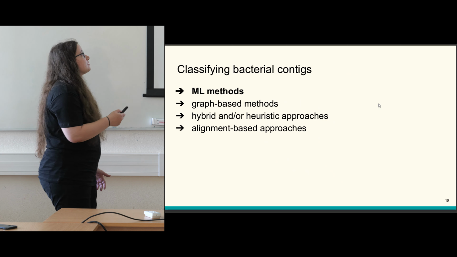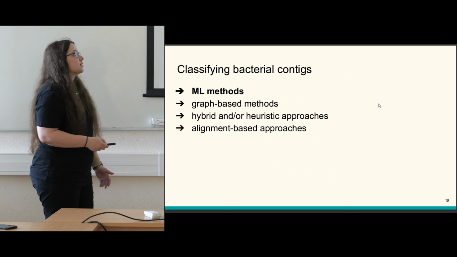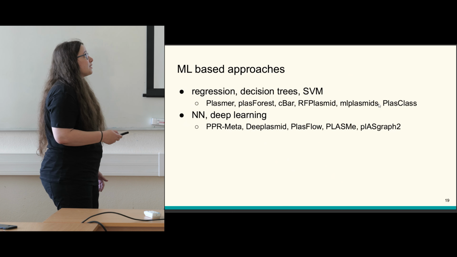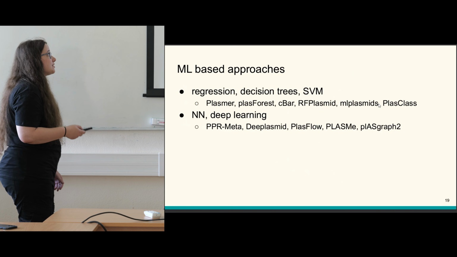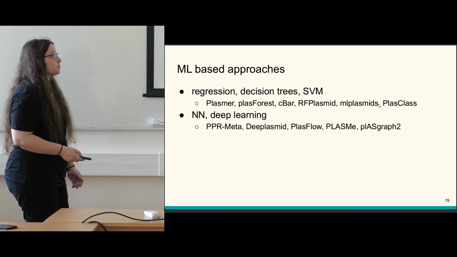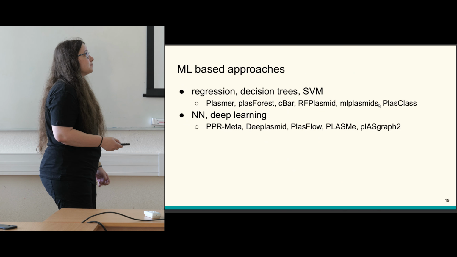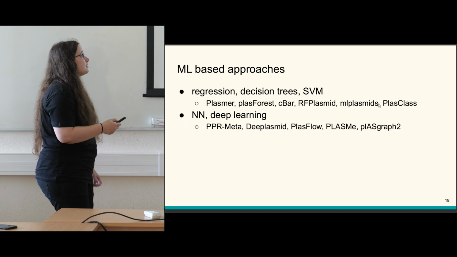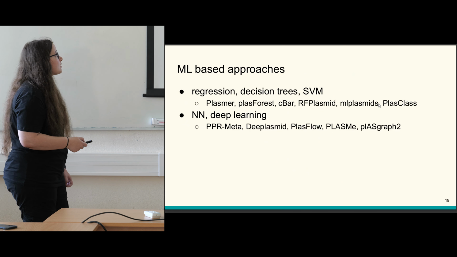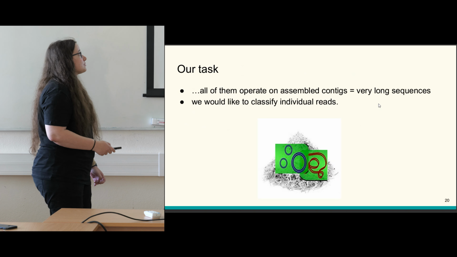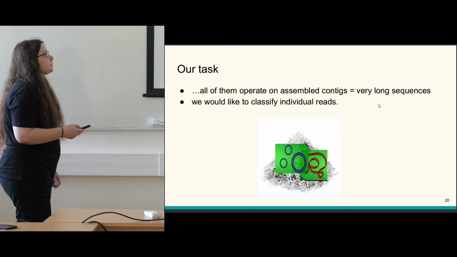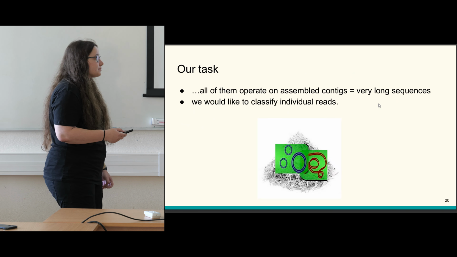Our main focus is on the machine learning methods because they generally outperform the others. And the machine learning methods in this case often use regression, decision trees, support vector machines, neural networks, or deep learning. And they are implemented by many different tools. But all of the tools we have found operate on assembled contigs, which are very long sequences.